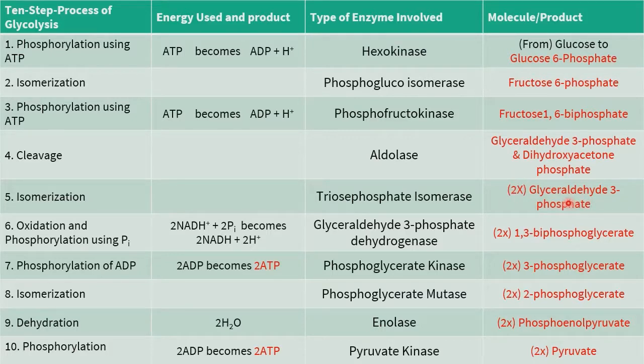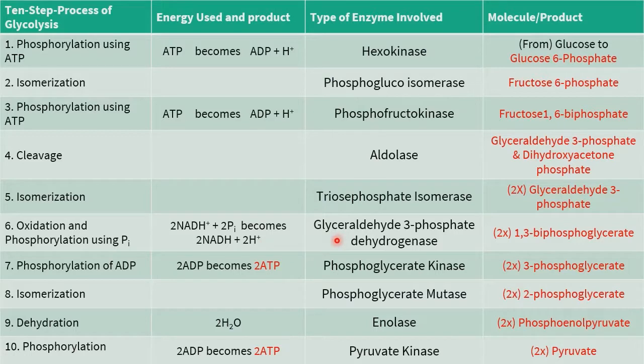Step 6 is the oxidation and phosphorylation using our inorganic phosphate. The energy used here is 2 NAD plus 2 inorganic phosphate, and that becomes 2 NADH plus 2H.